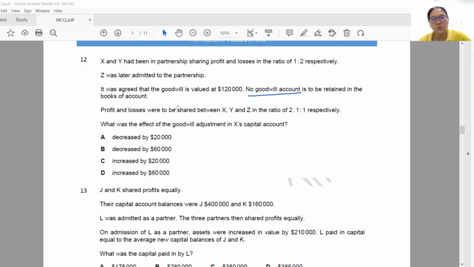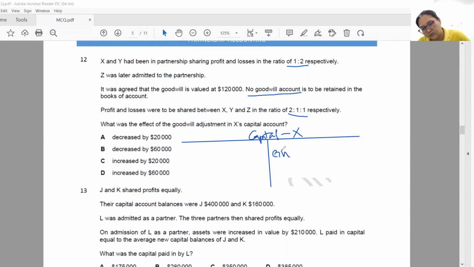Profit and loss are to be shared 2:1:1 for X, Y and Z. What was the effect of the goodwill adjustment on X's capital? If we open a simple capital account for X, when you have creation of the goodwill, this uses the old ratio.